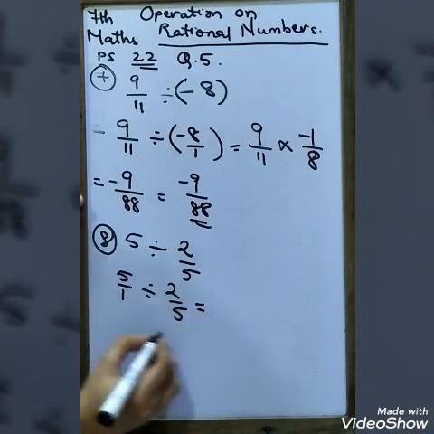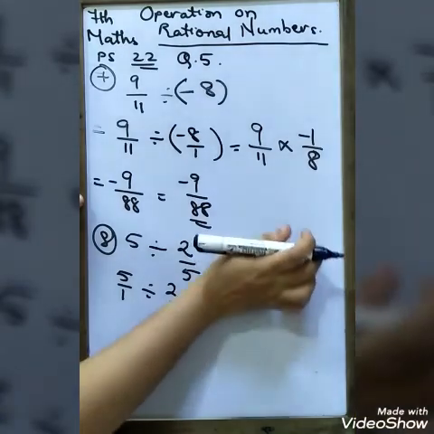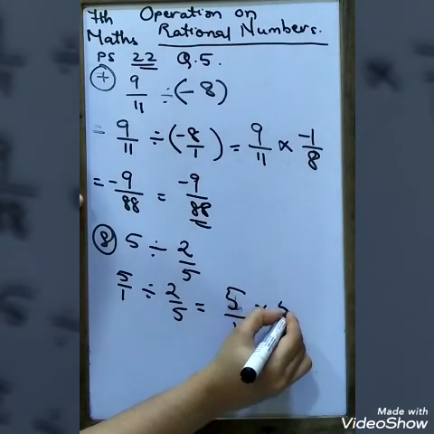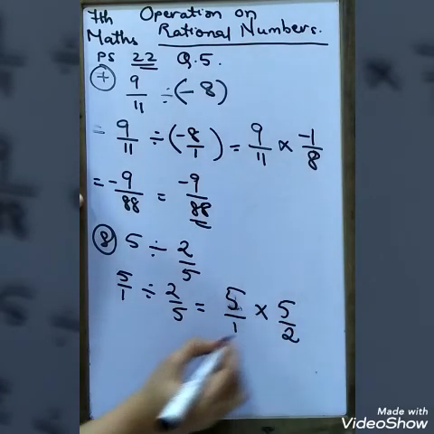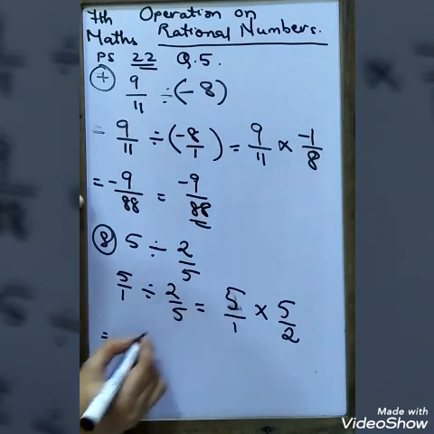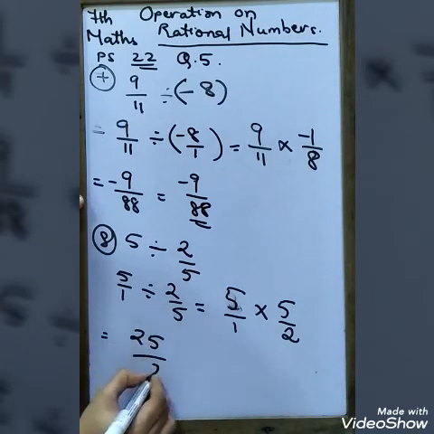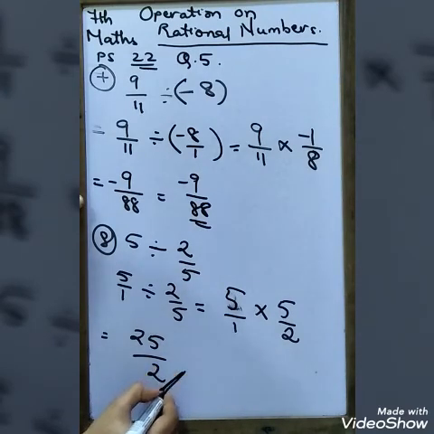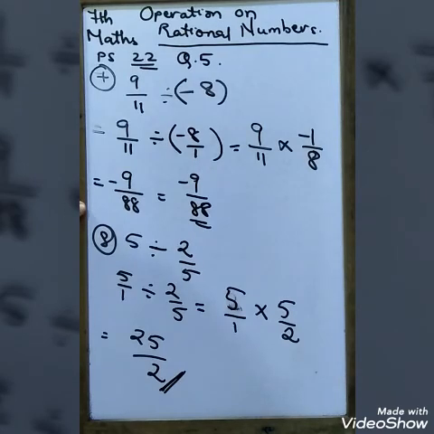That will be equal to 5 upon 1 into 5 by 2. That equals 5 5s are 25 upon 2. So the answer is 25 upon 2.